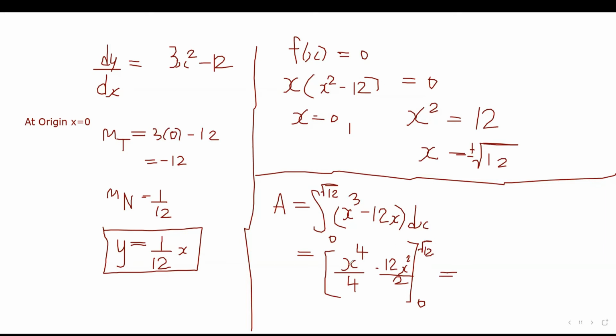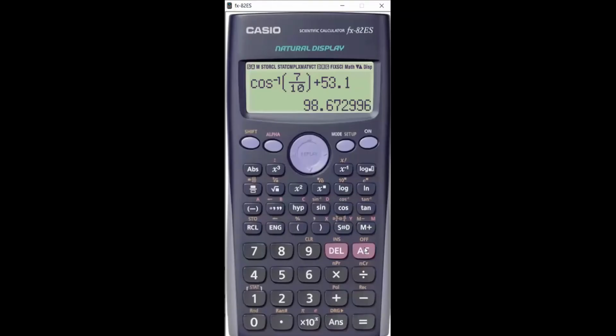So now we just need to plug in root 12. All right, so I'm just going to plug it in my calculator. Let me bring it up in the calculator. It's the open bracket, the root of 12, and that part is being raised to the 4th power.